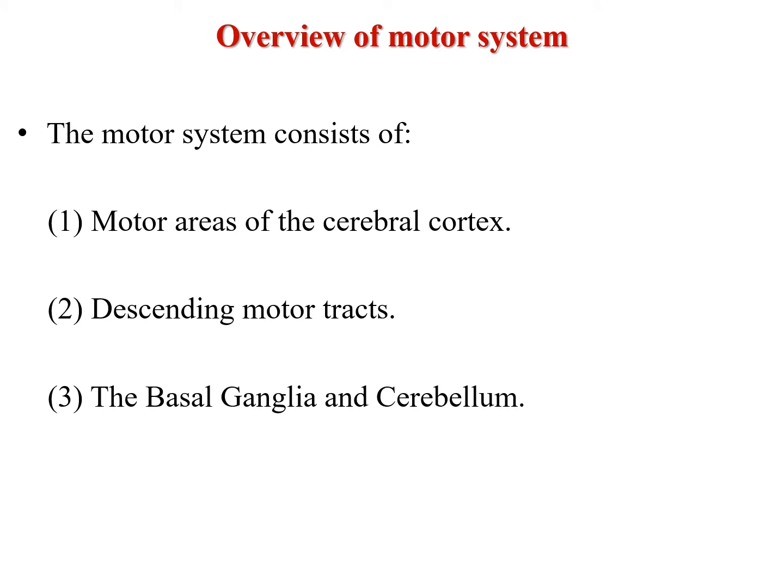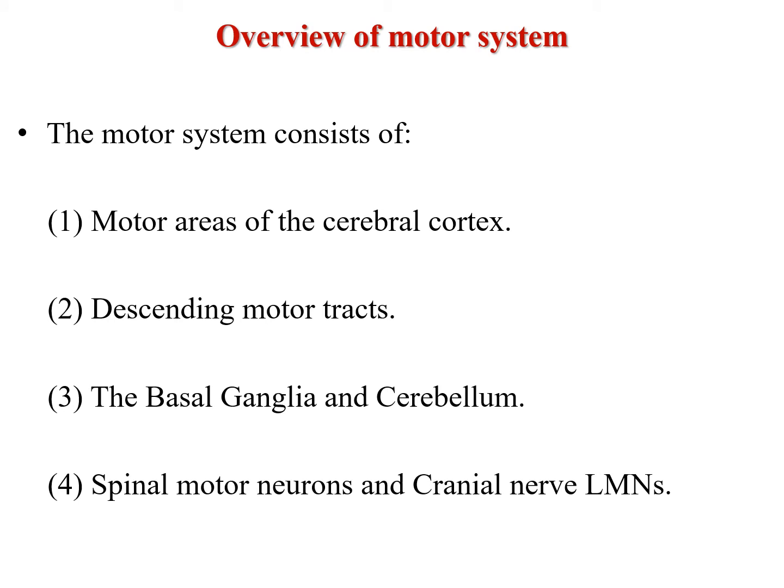However, there are two other structures, the basal ganglia and the cerebellum, which along with the motor areas of the cerebral cortex modulate the motor system. Ultimately, as I have said, the different spinal motor neurons and cranial nerve lower motor neurons are the final executioners of the motor activities of our body.